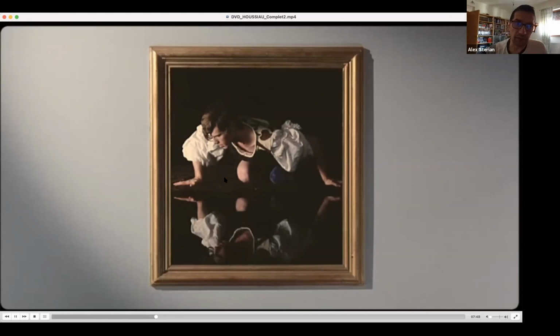Of course, the reflection now in the water is not changed like in the original painting, because in the original painting, his face in the water was wrinkled and old. He wasn't the young and beautiful Narcissus.